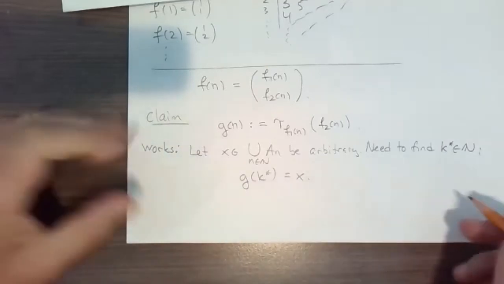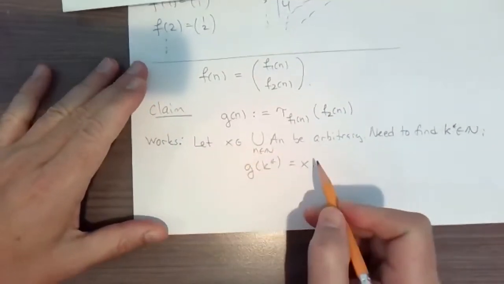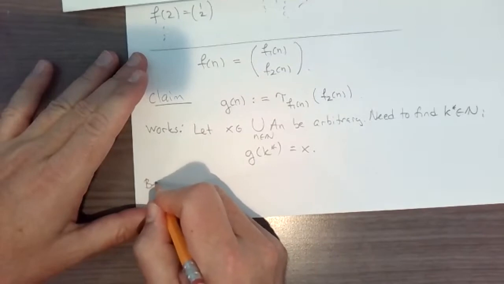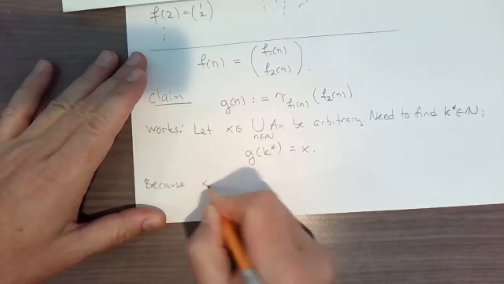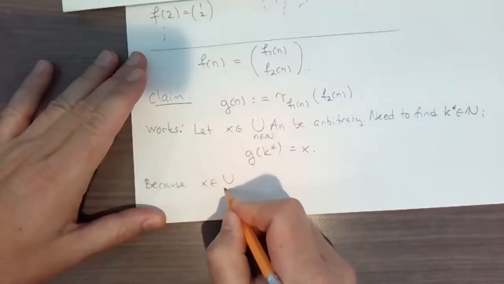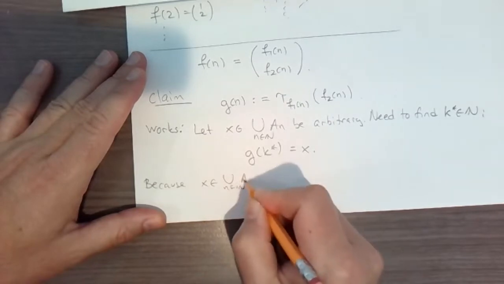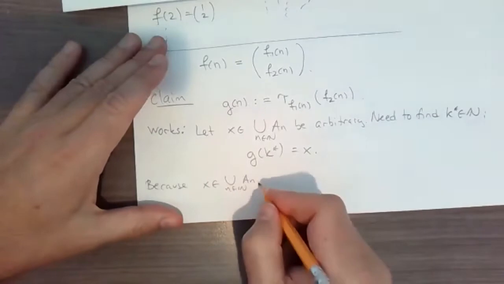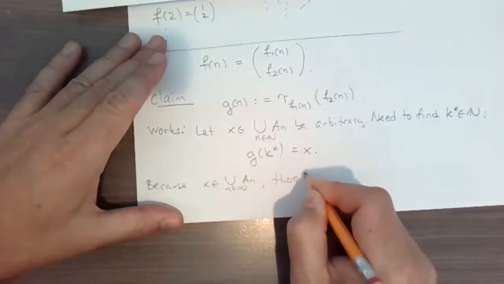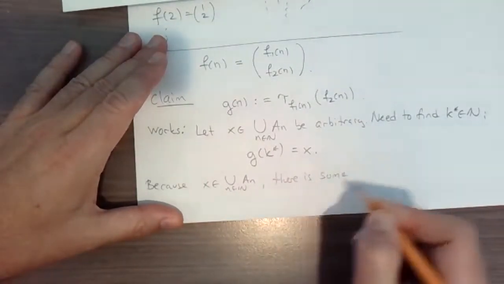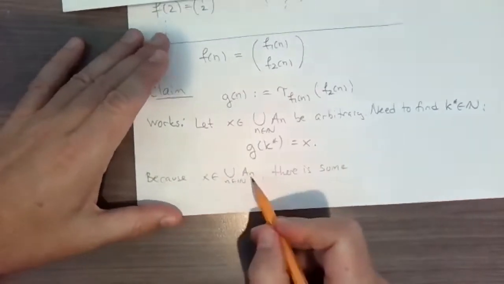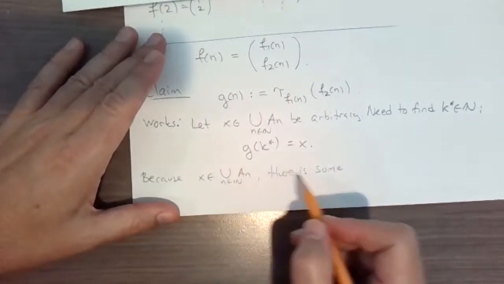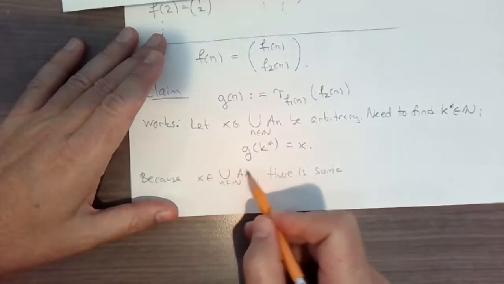Okay, so how do we create this k star? Well, x is in the union. Because it belongs to the union, there is at least one of these sets that x is in.